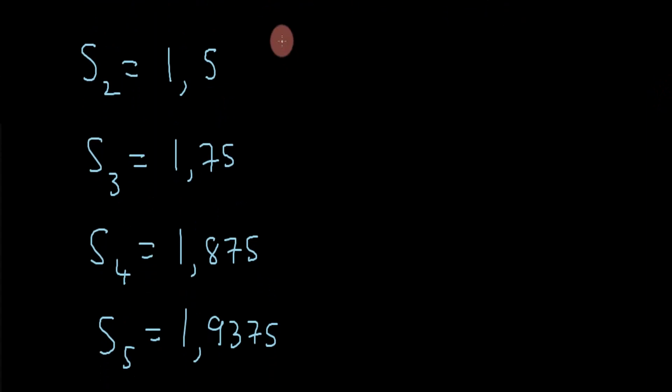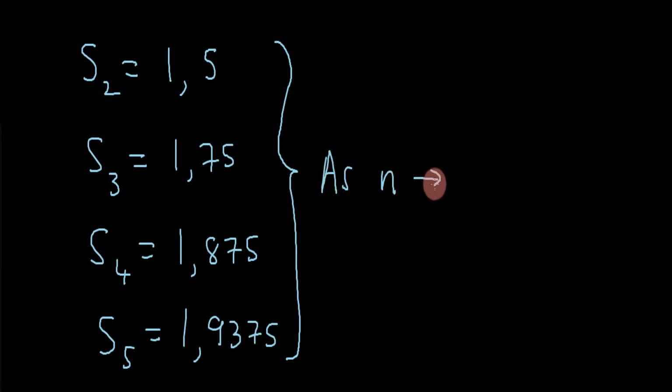Now, what's important to note here is that as we add more and more terms, we are getting closer and closer to 2, the number 2. So as n approaches infinity, the sum to n terms approaches 2.